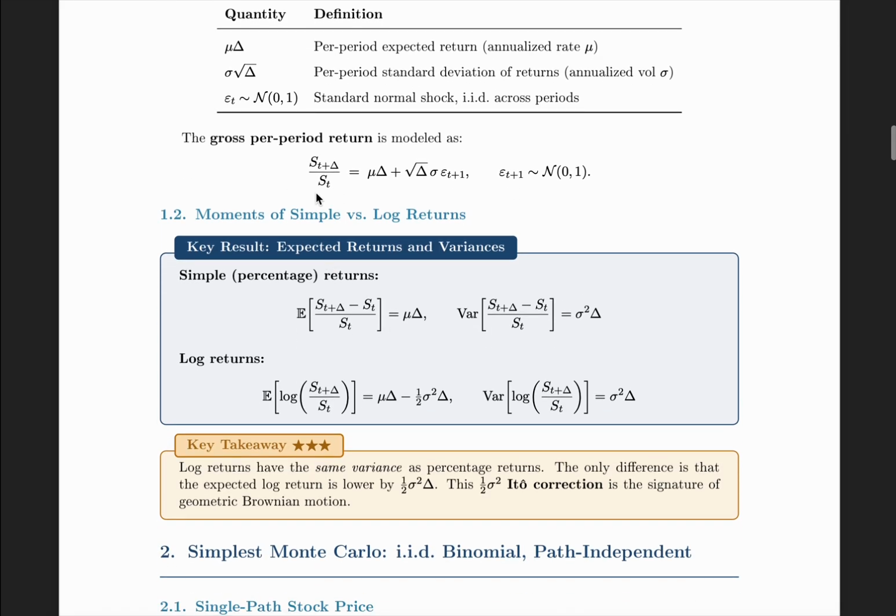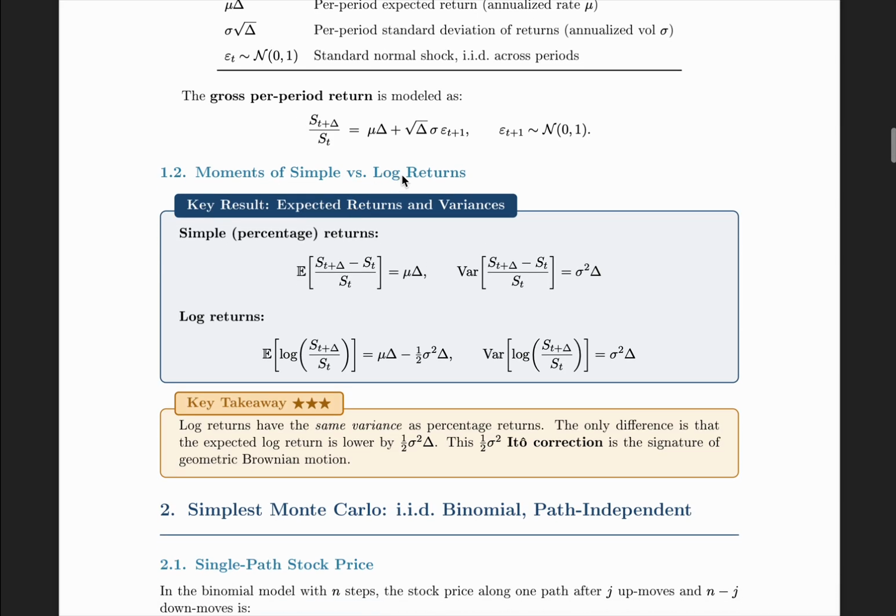As we saw, the gross percentage return is a good way to model returns. But what's more common in quantitative finance is to use something called log returns. I will cover log returns in more detail in a different video.